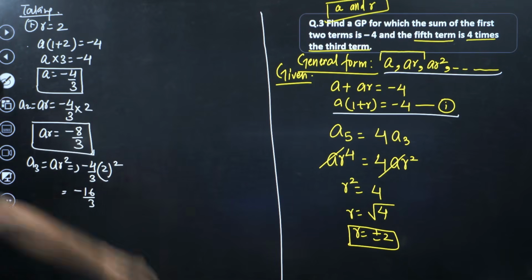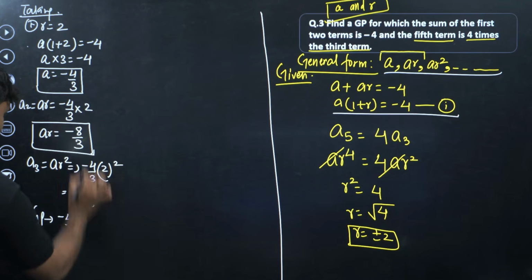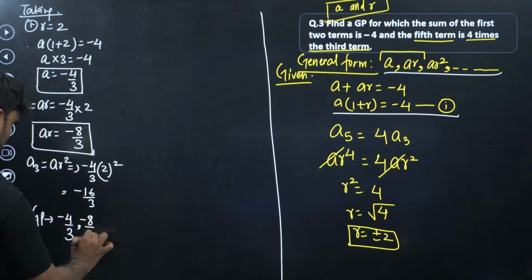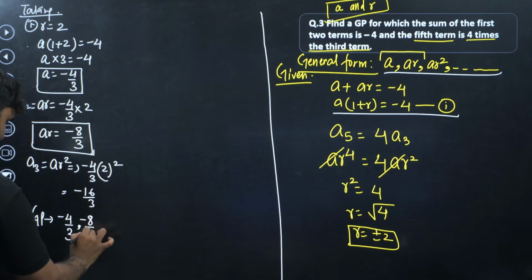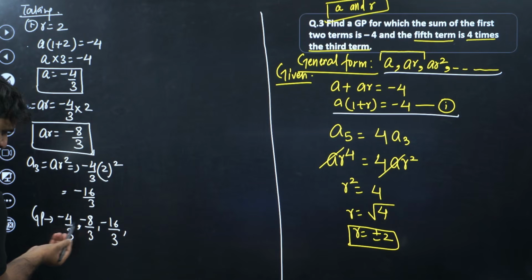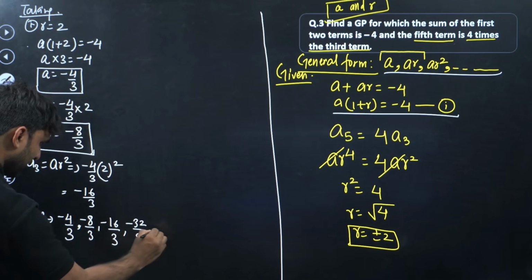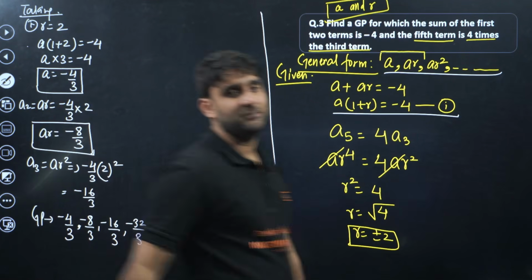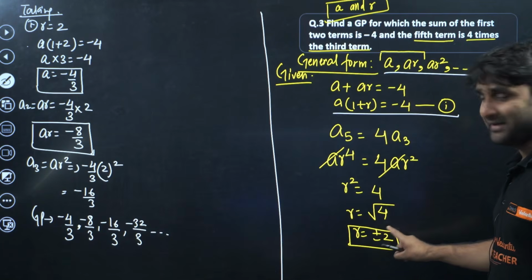So it will continue. So the GP will be: the first term is minus 4 by 3, the second term is minus 8 by 3, the third term is minus 16 by 3, and so on. Can you see? Then minus 32 by 3 and so on. This is the first GP on considering R as positive 2.